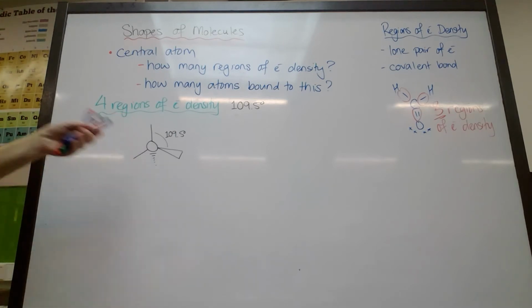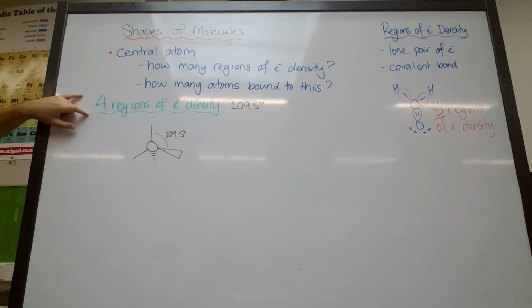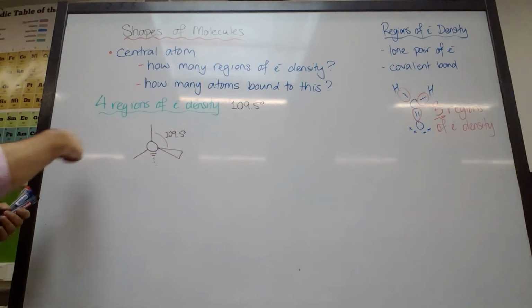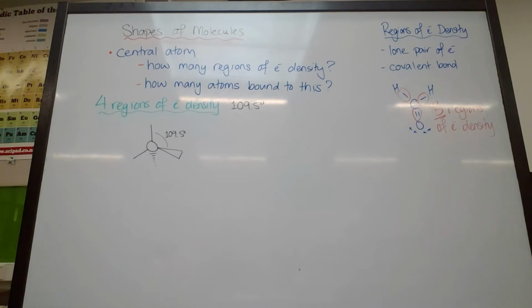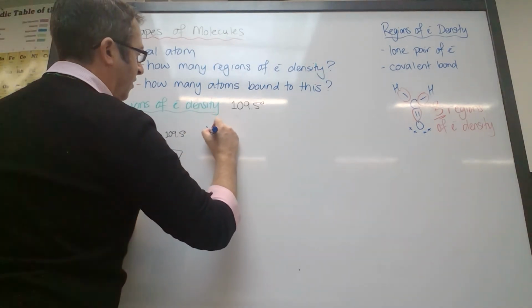We call this electron cloud shape tetrahedral, but it doesn't mean that every compound with four regions of electron density will have a tetrahedral shape. Water is a good example. It has four, but it's a bent shape. So now I know something's got four regions, I know its bond angle is 109.5, it has got a tetrahedral electron cloud.